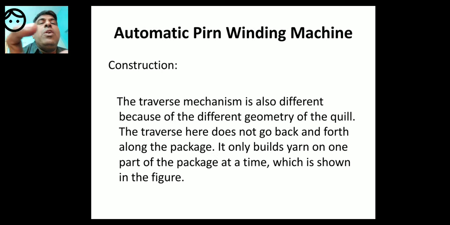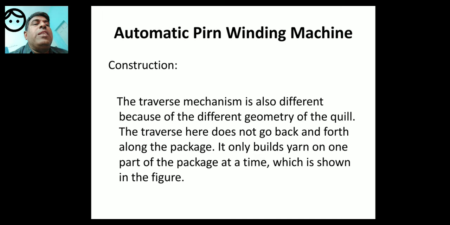So for 2 centimeters the traverse will happen, and then the next 2 centimeters, and then the next 2 centimeters. Like that, the 16 centimeters of the pirn is divided into 8 parts, and each small part of 2 centimeters is built by the traverse guide. That's why it is known as the traversing mechanism. Here I told only for example that 16 centimeters and 2 centimeters, that is only an example.